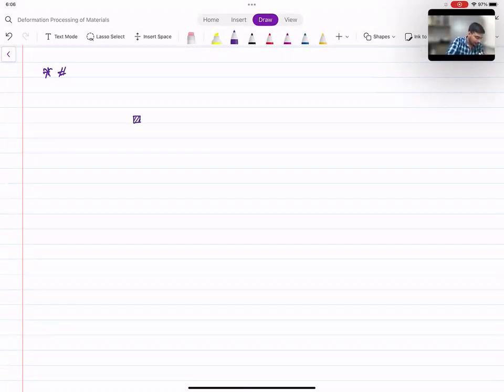Let us say this is the workpiece we have, and from here we go to height capital H. Say here we have the hammer. This is the hammer, and this height is say H.